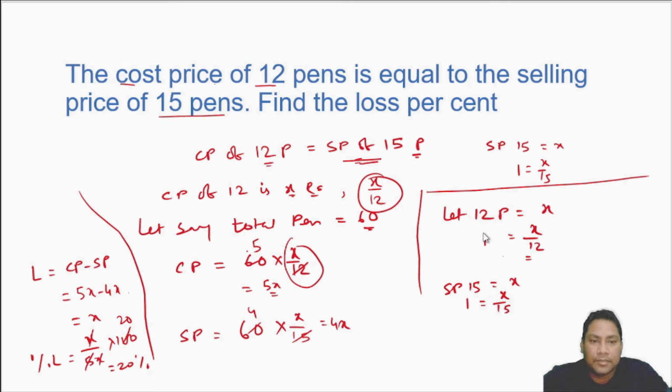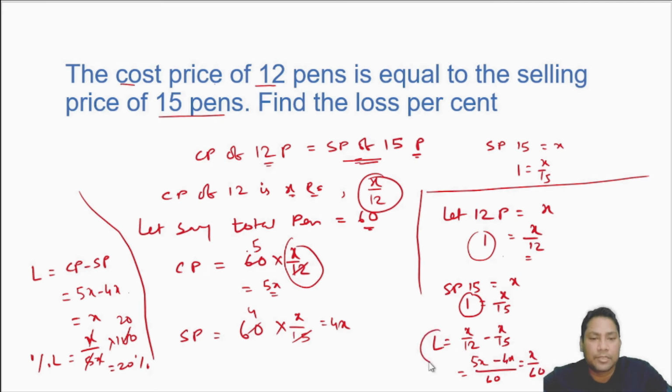Now we have the cost price of 1 pen and the selling price of 1 pen. So the cost price is more than the selling price, so there is a loss. We will calculate the loss, that is x by 12 minus x by 15. We take the LCM, 60: 5x minus 4x, this will be x by 60.